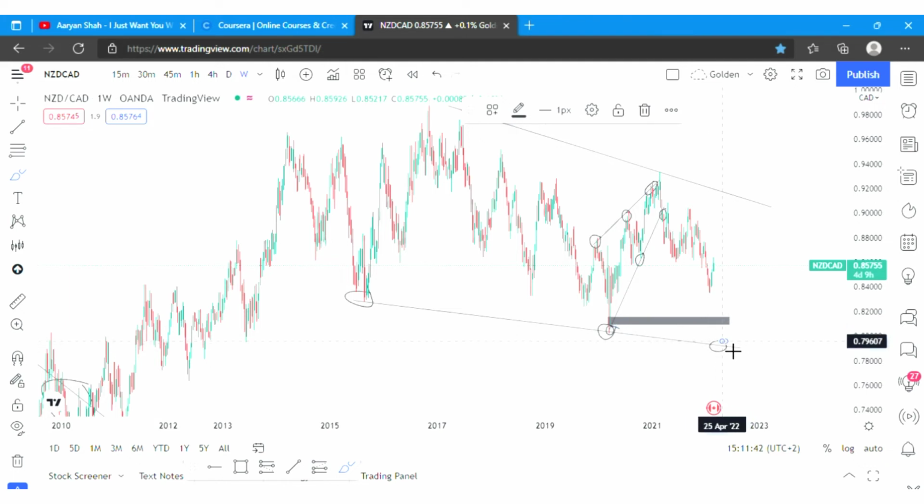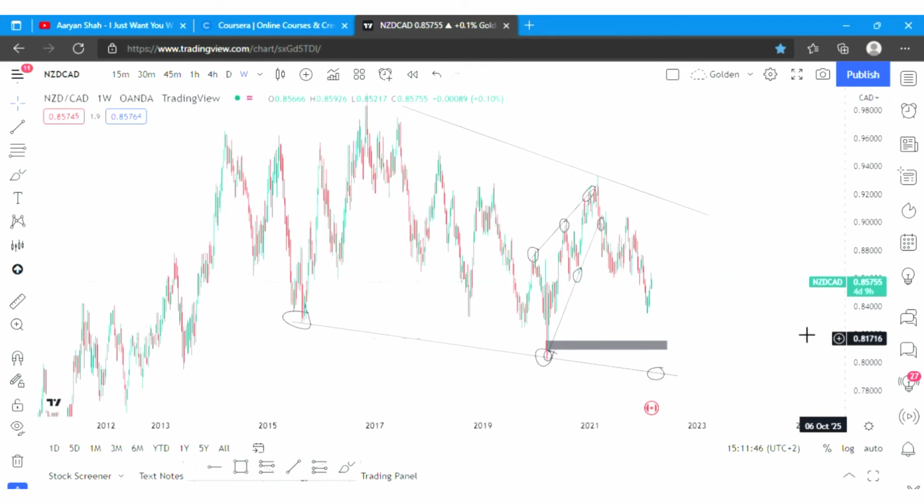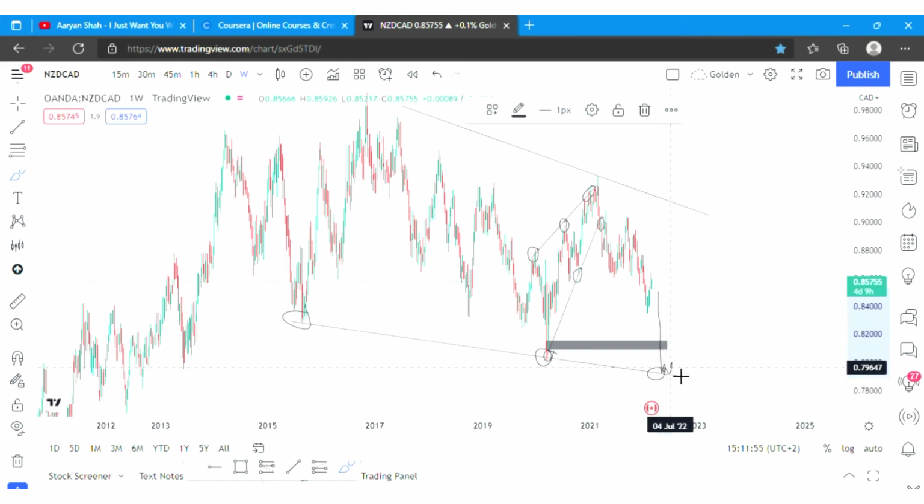So we have an opportunity to enter the market from these levels and come down with it. When the market reaches this level, it will continue to move to the upside.